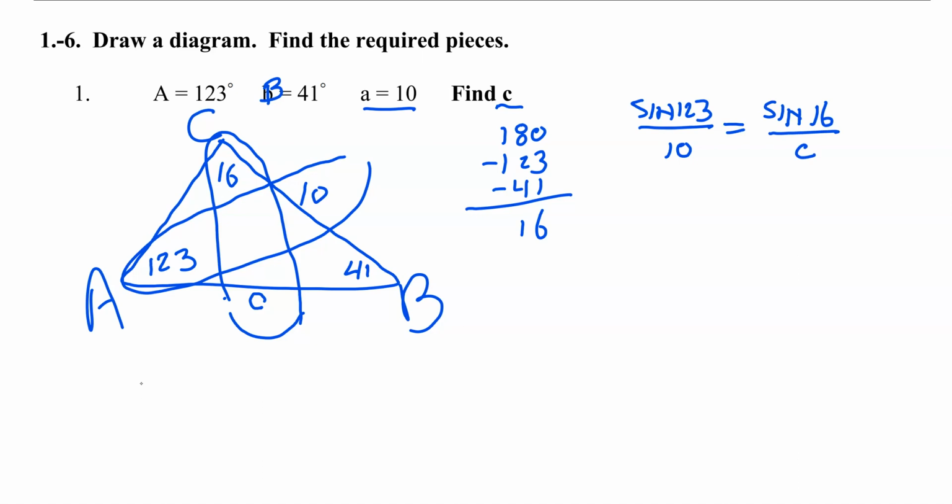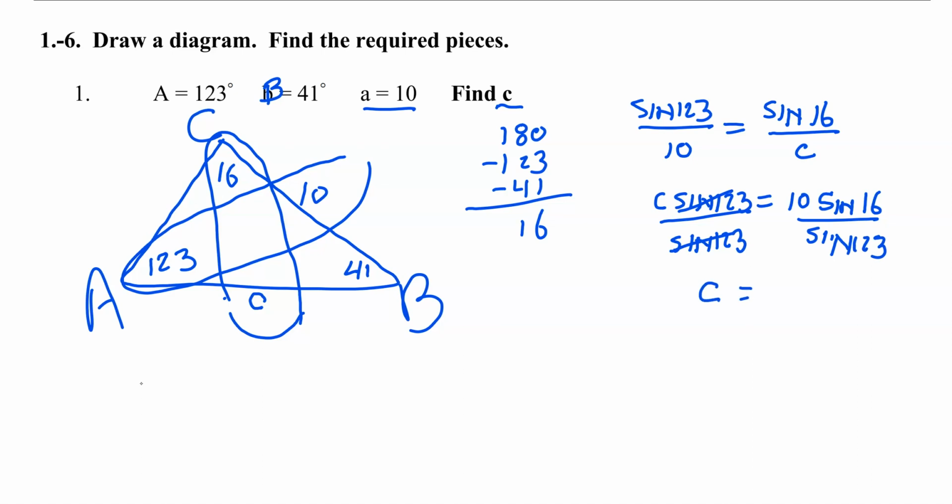Now to solve for C, we're going to cross multiply. And then we'll divide both sides by sine of 123. These will cancel out.